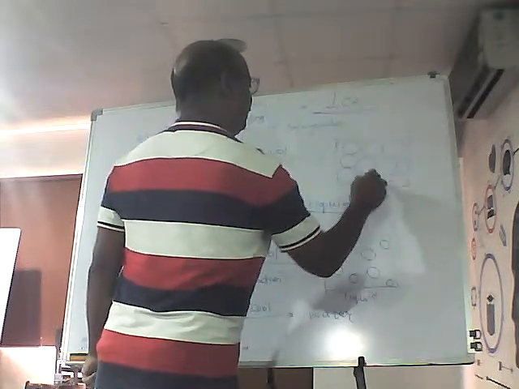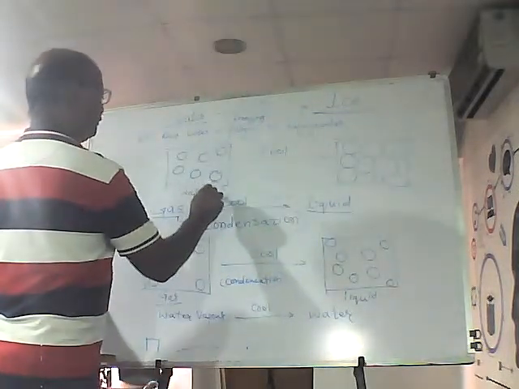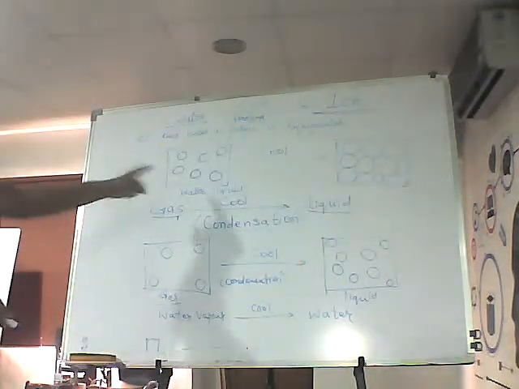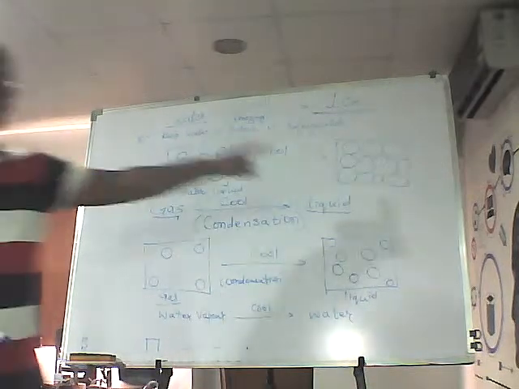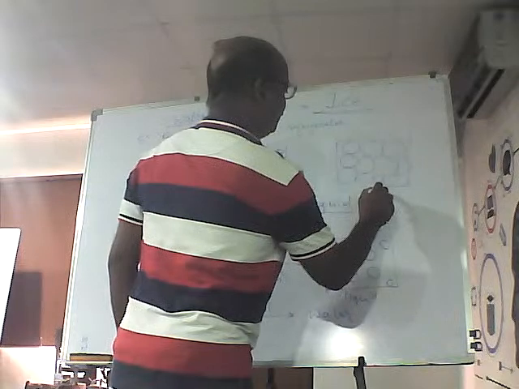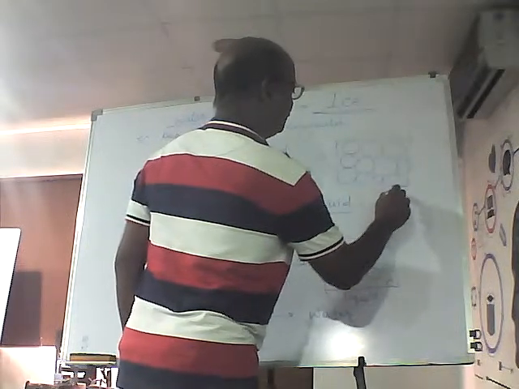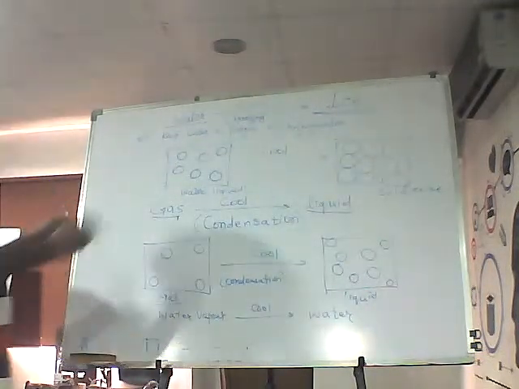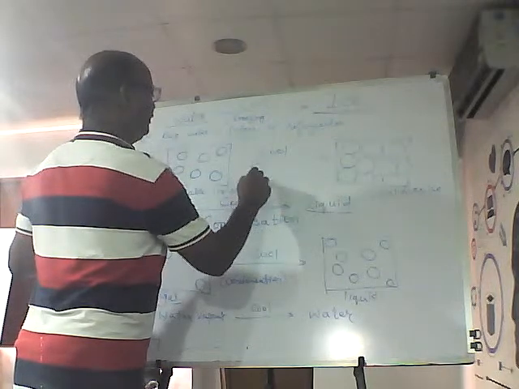Here it is liquid, the arrangement of molecules is for liquid. But when we cool it, these molecules will come near one another and this water will convert into solid. Example, ice. So this we call freezing.